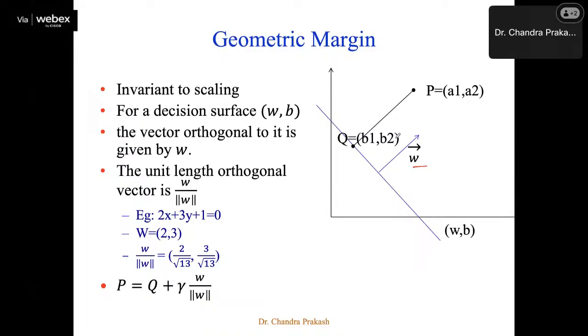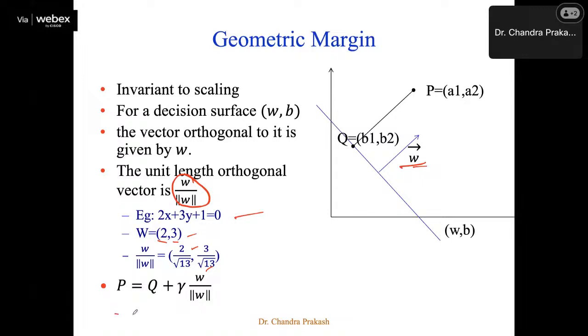So the vector orthogonal to this is given by W, and the unit length orthogonal vector is W over the absolute value of W. So for this case, if my line equation is 2x plus 3y plus 1 is 0, right? My W values are 2 and 3, and thus it came out to be 2 under root 13 and 3 under root 13, where 13 is a square plus b square under root.